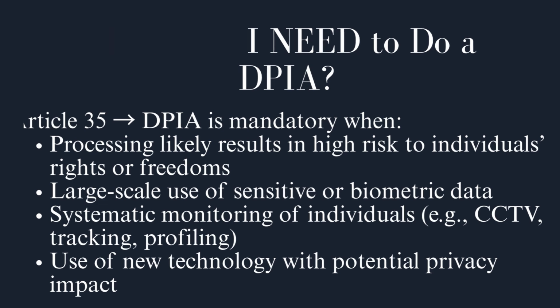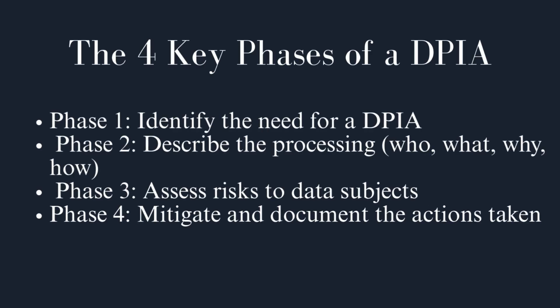In the next slide, a DPIA typically happens in four stages. Stage one is to identify the need for a DPIA. This includes whether personal data could pose a risk. If yes, you proceed. Describe the process: what data are you collecting, why and for whom, how long you will keep it.